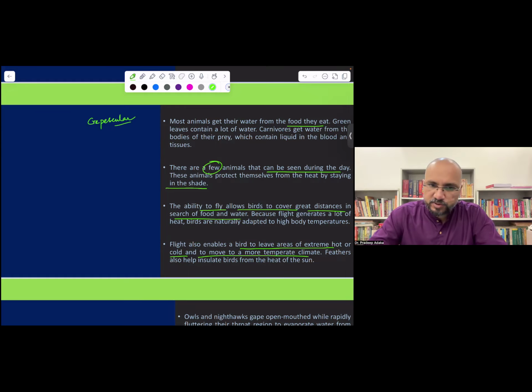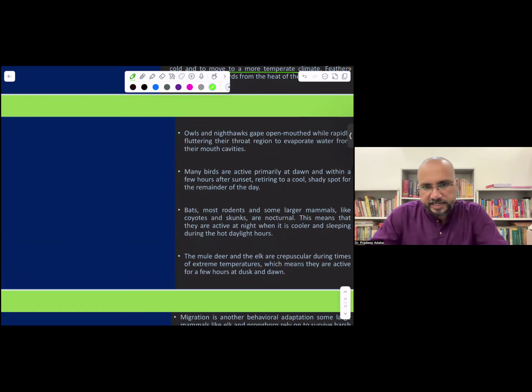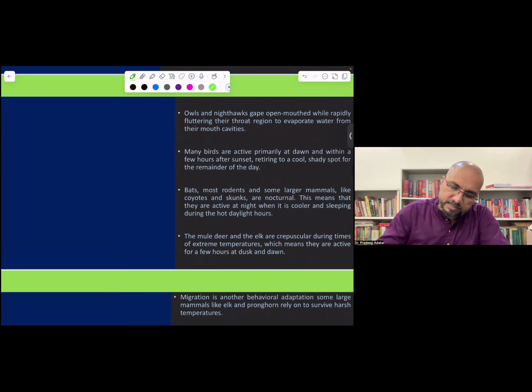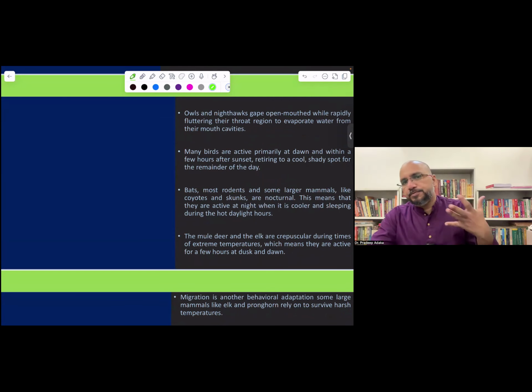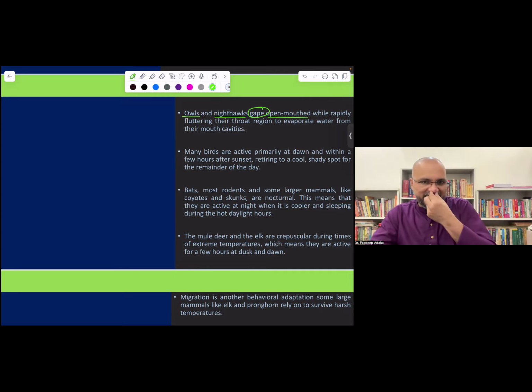So feathers also help to insulate the birds from heat of the sun. Their feathers cover the body and they will not allow the sun's rays to directly fall on the body. Then some birds have a special adaptation to release the body heat. So owls and nighthawks, they gape open their mouth. Gaping means wide open, opening your mouth wide.